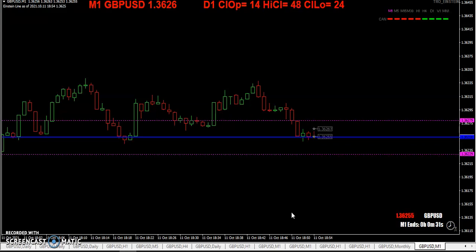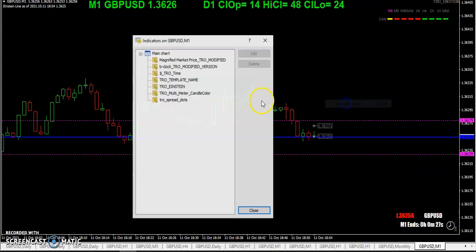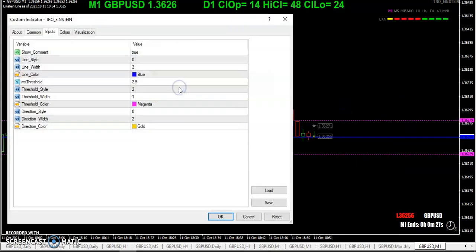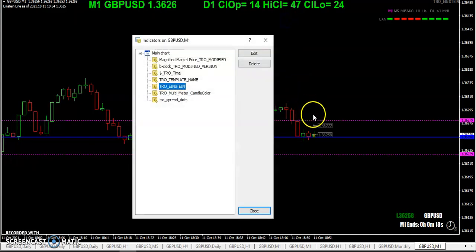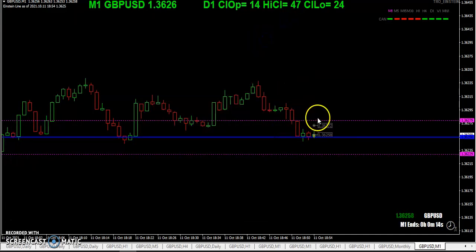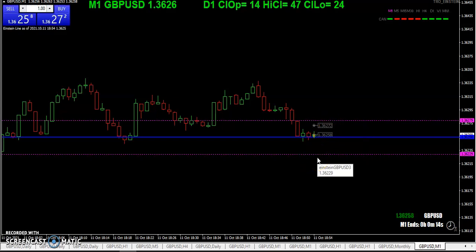We've got these lines, I believe they are set at 2.5 pips away from this line. So if price moves up 2.5 pips, you take the trade. If it moves down, you take the trade. Now, this is the ask, this is the bid.